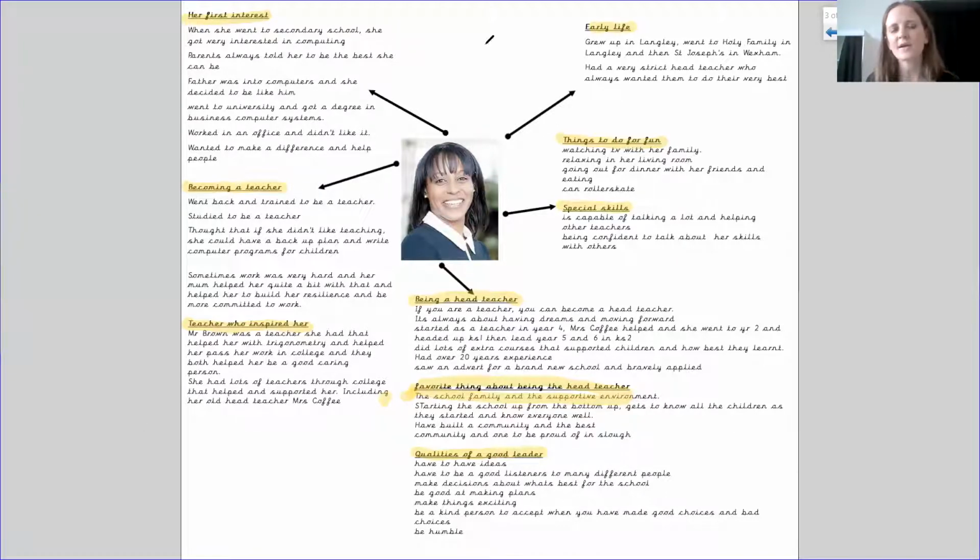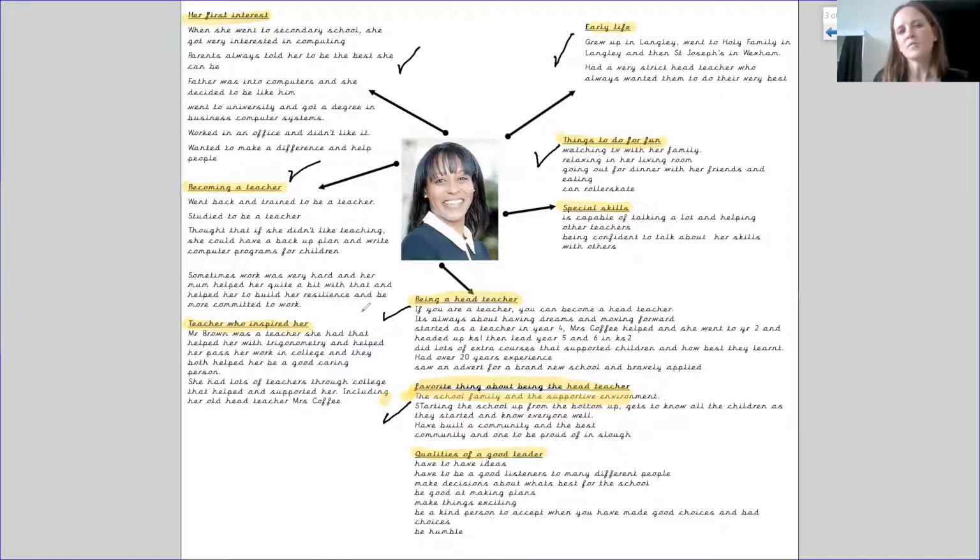So I'm going to have a look quickly and think, all right, I think I'm going to use early life. I think that these ones here, things to do for fun, will be useful. Maybe what her first interests were, how she became a teacher. Maybe I want to say being a head teacher, what it's like, what her favorite thing about being a head teacher is.